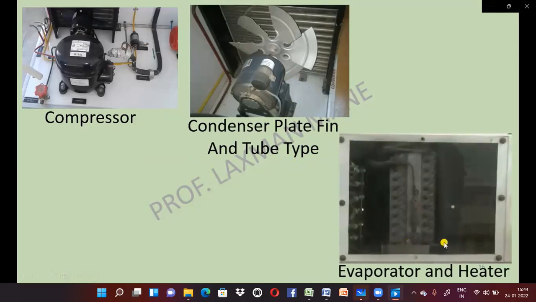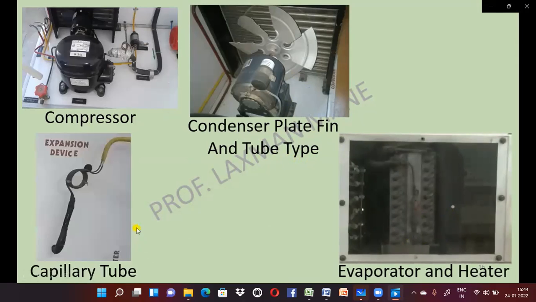This is the evaporator and heater section, where the cooling or heating of the air is carried out as per the requirement of the process. This is the capillary tube or expansion device, which reduces the temperature and pressure of the liquid refrigerant to a very low level.